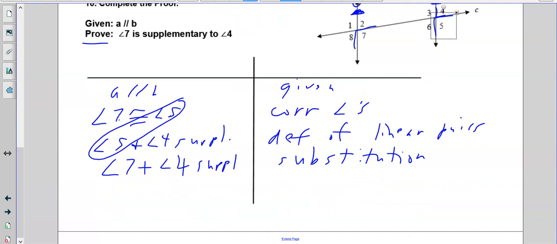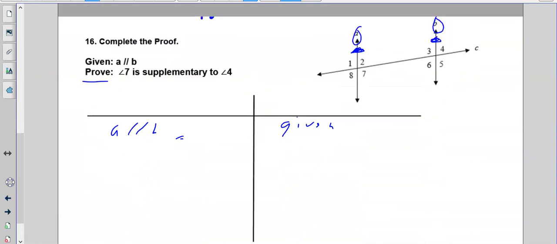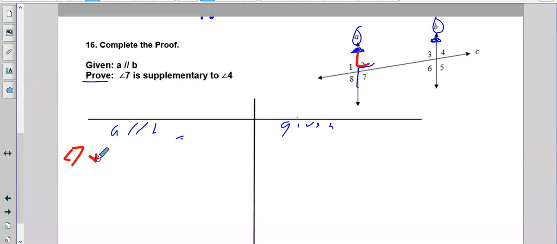All right, if you'd like to see another way of doing it, okay, I just copied that page over. I'm just going to look at this part here. So another way to do it would be to say this angle here, angle 7, and angle 2 are supplementary.